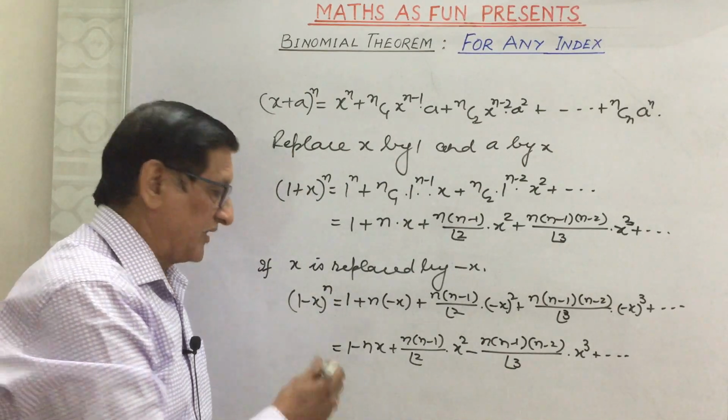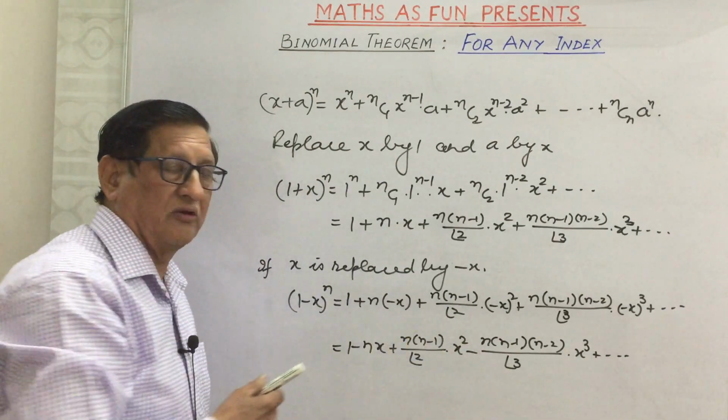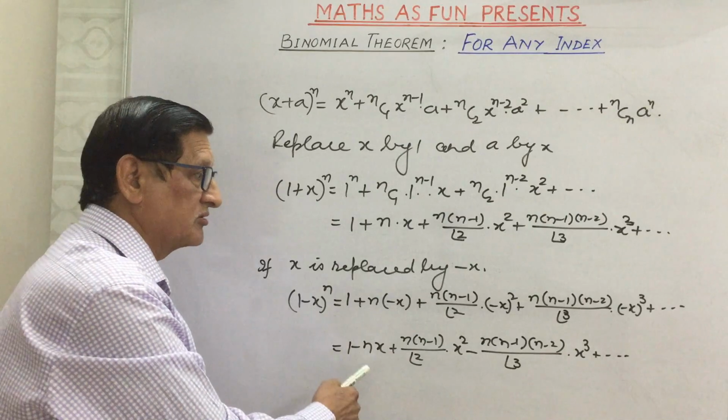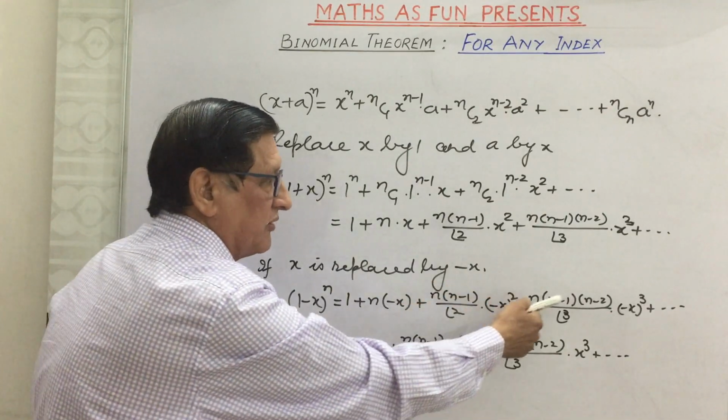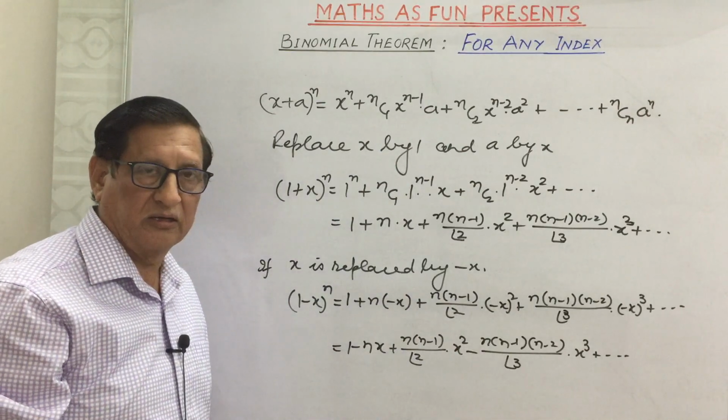So we find that the alternate terms are negative, because an even power of -x is positive and an odd power of -x is negative.